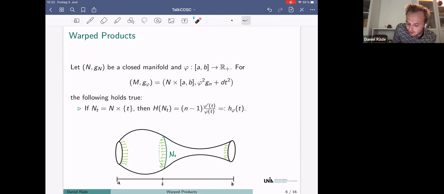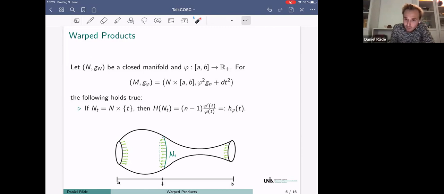This will be just n-1 times phi prime divided by phi. Phi is always positive, so we can write this down, and we will define this to be a function h_phi. Whenever you see an h_phi later, it's always just this. We have a warping function phi, and h_phi is what we derive using this formula.